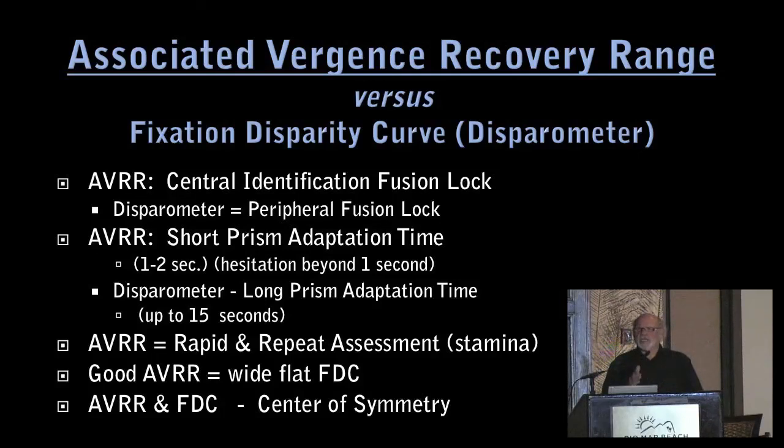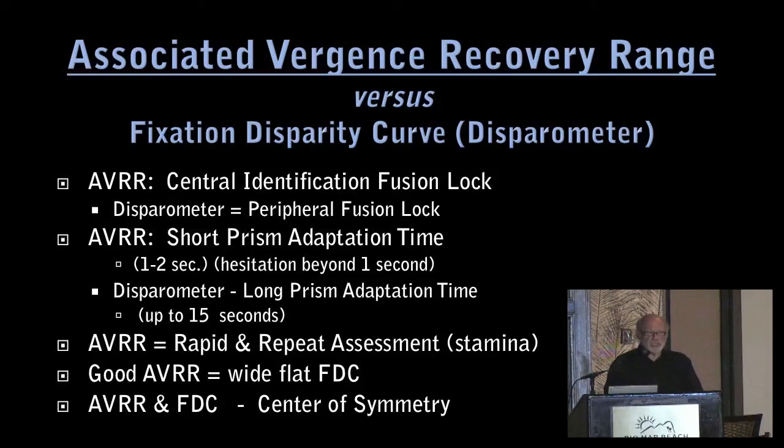I look for the hesitation. I start to manifest the disparity. They say it's slipping, and I say it's still slipping, and they have this look like it's not back yet. Then, once I know that it's not, I increase the prism demand and then decrease the recovery.